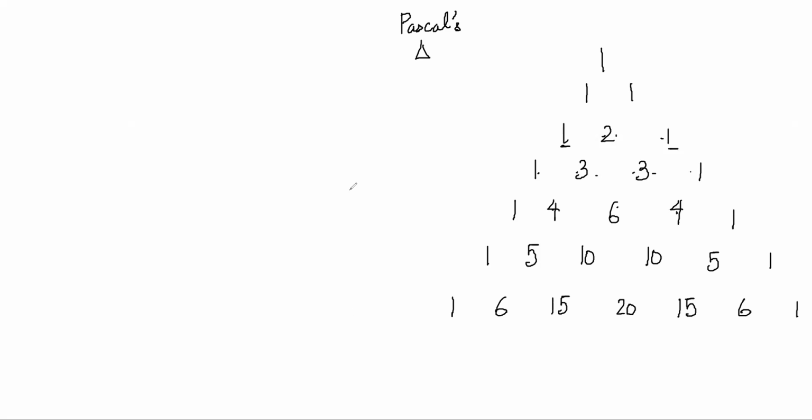Now what we will notice is that each row has one more term than the number of the row. This denotes the coefficients of x plus y whole square, and this is x plus y whole cube. Because see, the coefficients of x plus y whole cube were 1, 3, 3, 1, right?